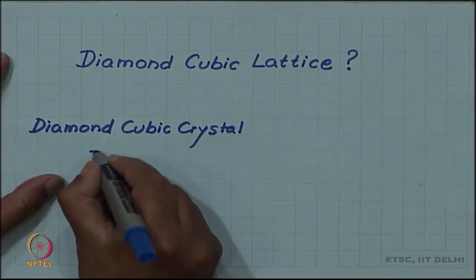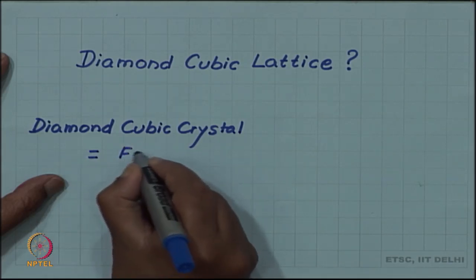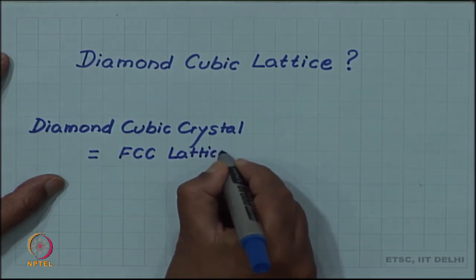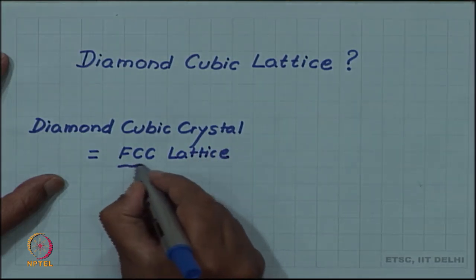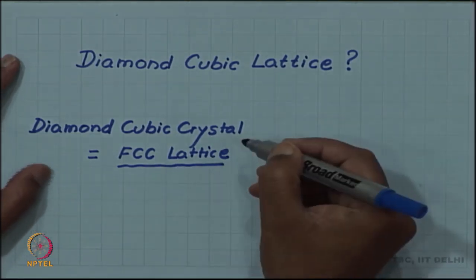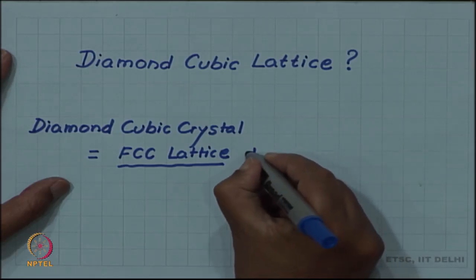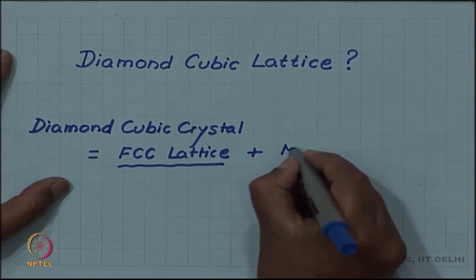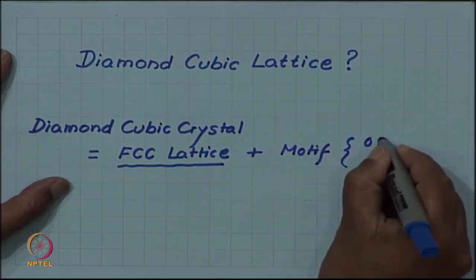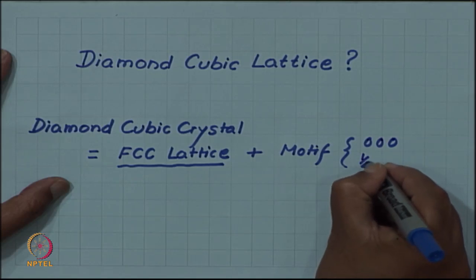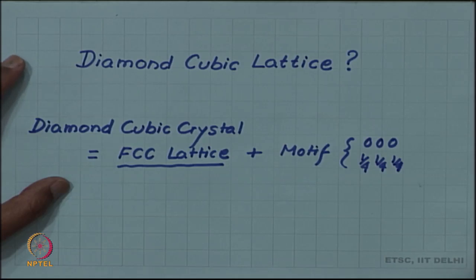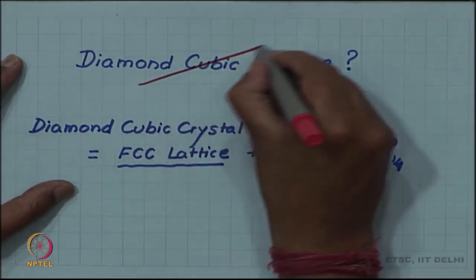And when we analyzed it, we found that the lattice was FCC lattice. So, there is no lattice called diamond cubic lattice, but diamond cubic is a crystal having FCC lattice with a motif of 2 atoms at O and quarter. So, diamond cubic lattice is a wrong phrase and should not be used.